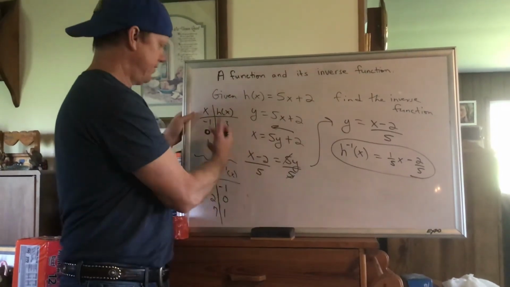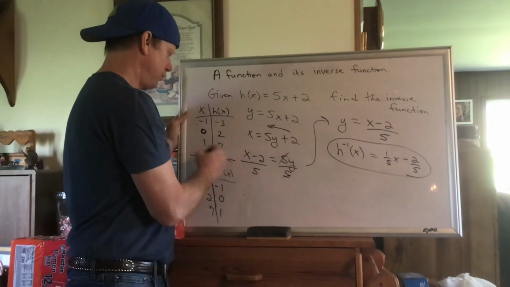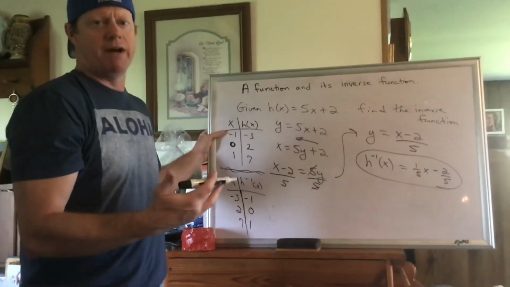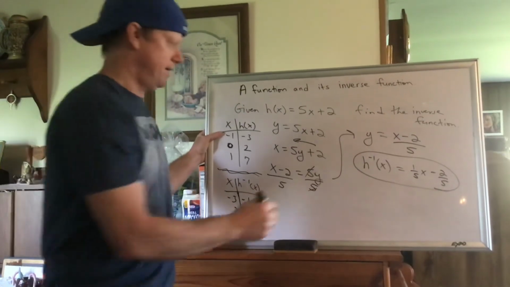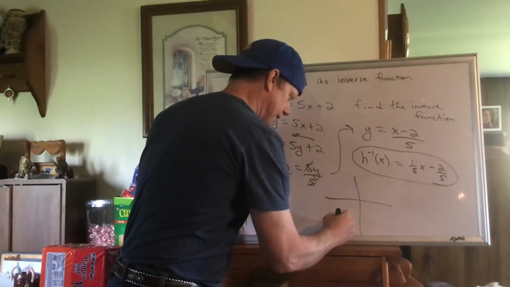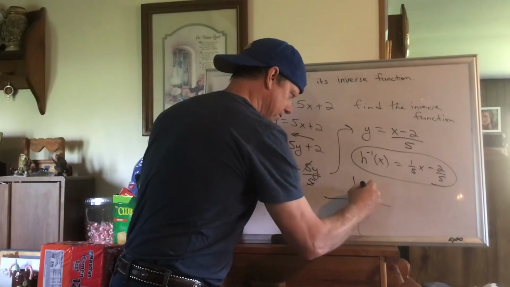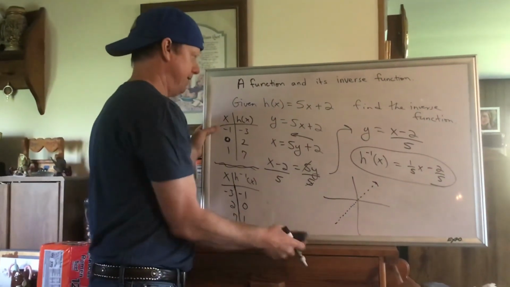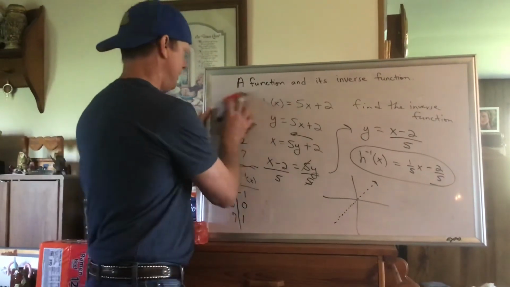And if you graphed both this guy, plotted these 3 points, plotted these 3 points through the lines, they would have a reflection in that identity function y equals x. They would be reflected across that from each other, okay? So that's how to do that.